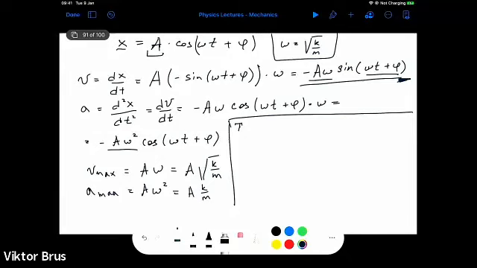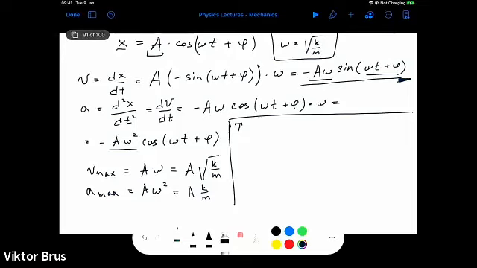And by definition, the body comes back to the same position after a time interval equal to capital T, which is the period.